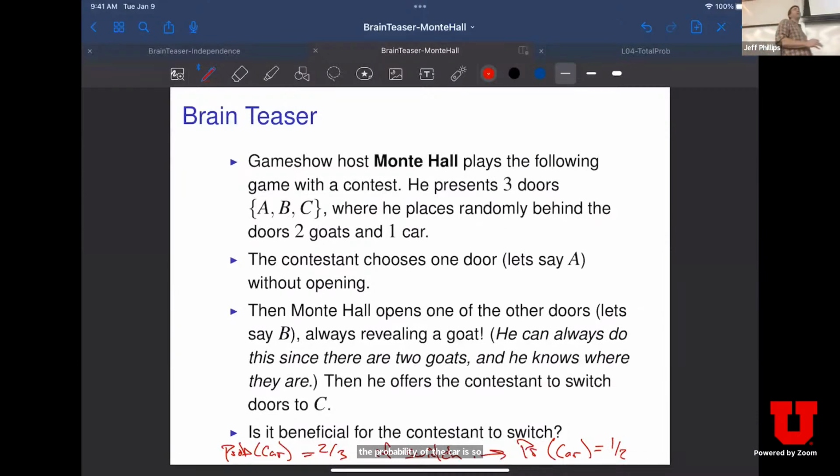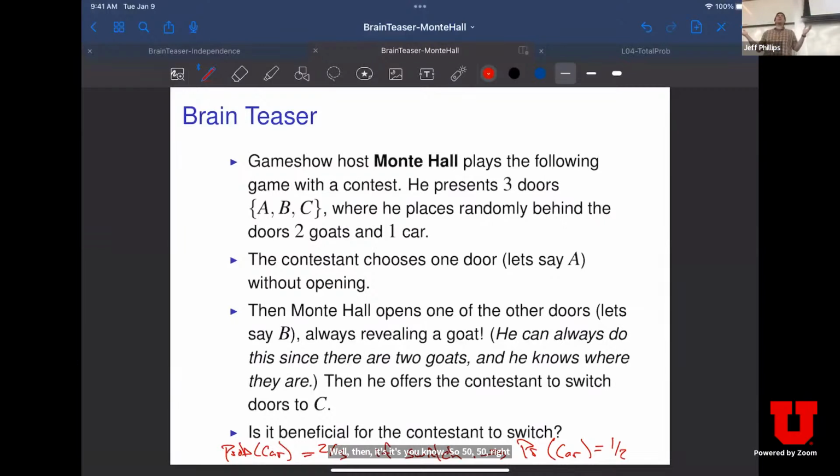The rationale there was that once you know that door B has a goat behind it, then it's 50-50, right?